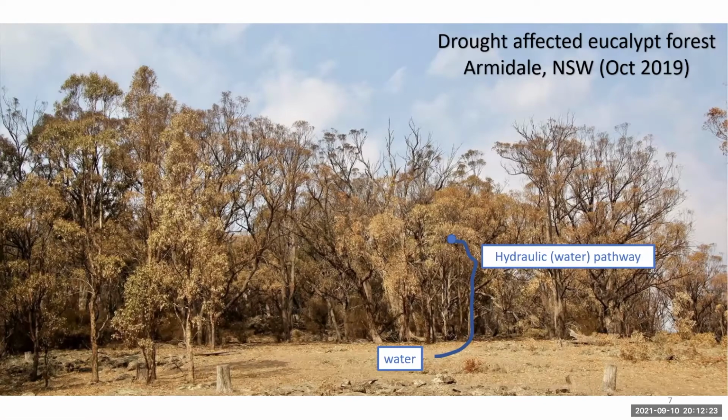It is very essential that plants maintain this continuous supply of water so that they can open their leaves, carry out photosynthesis, and go about their daily business. But whenever there are extreme environmental conditions like drought, especially like the one we saw in 2019, this water pathway comes under extreme pressure.